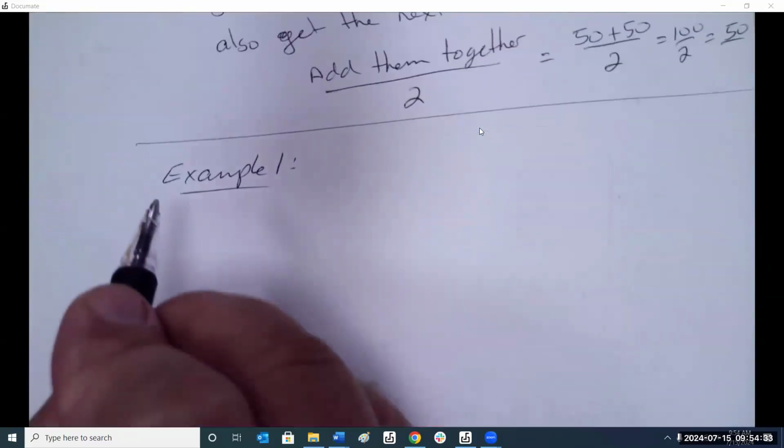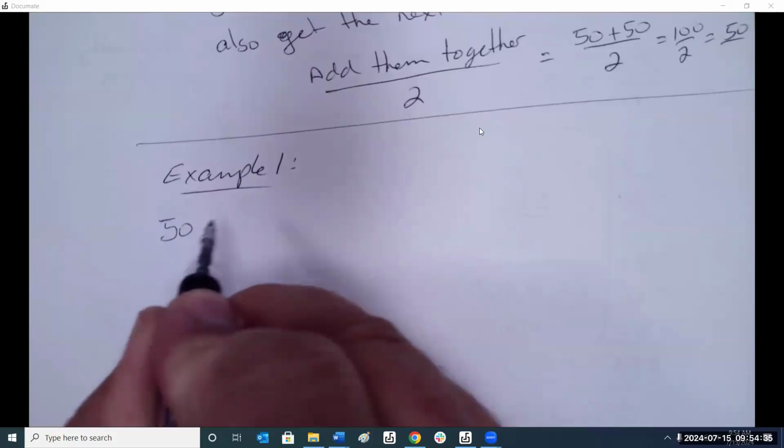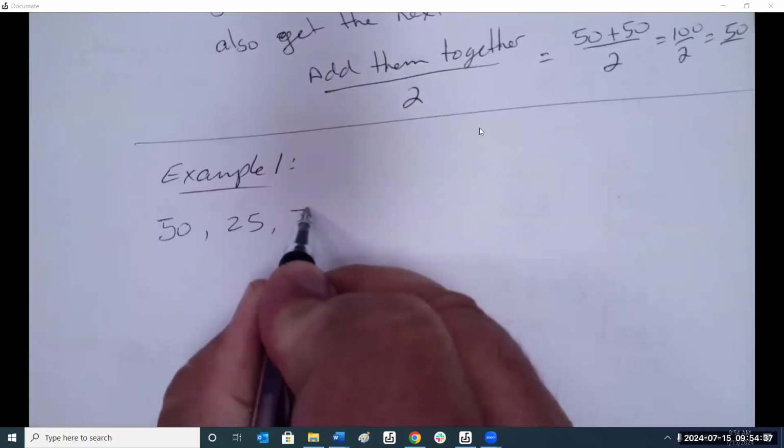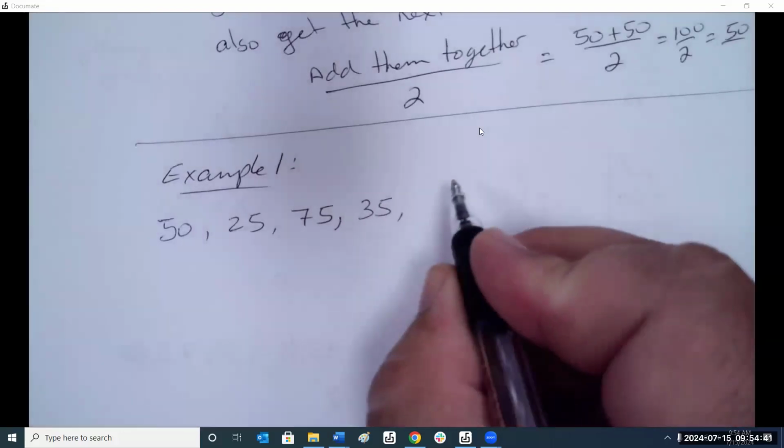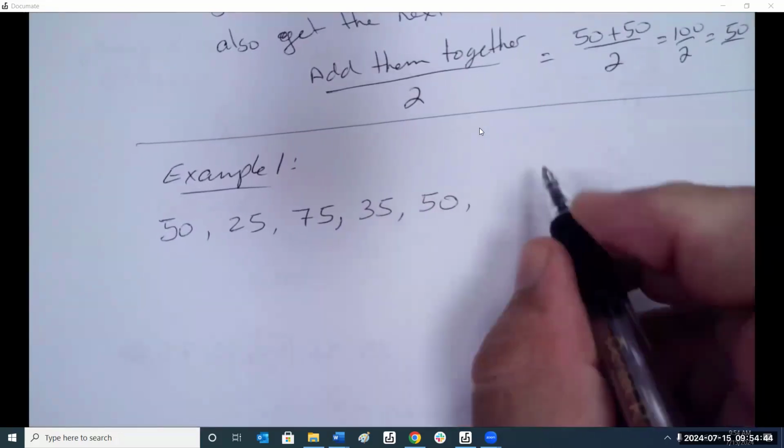Our data set now is 50, 25, 75, 35, 50, 25, 30, 50, 45, 25, 20.